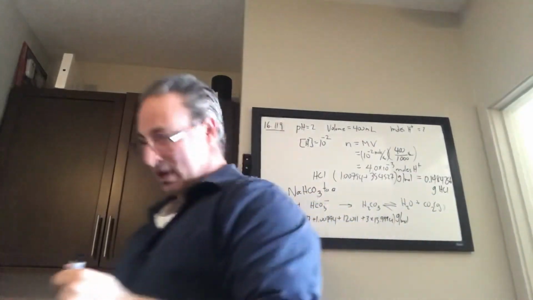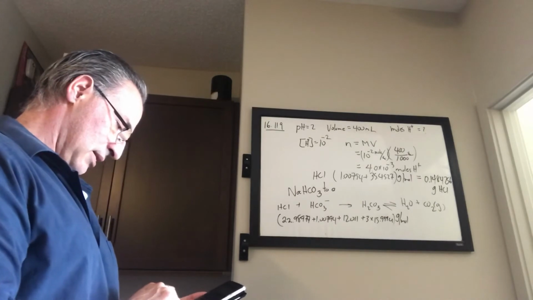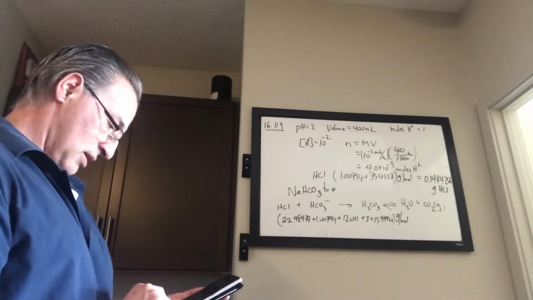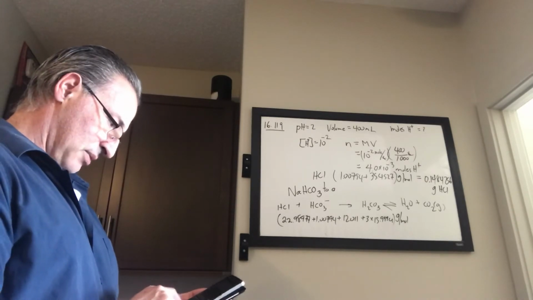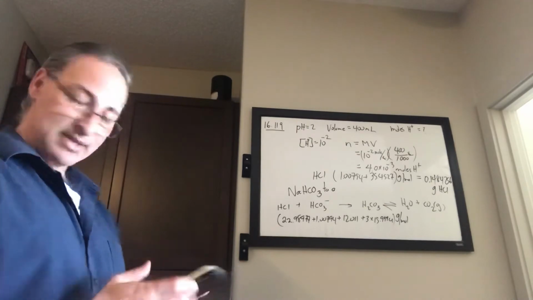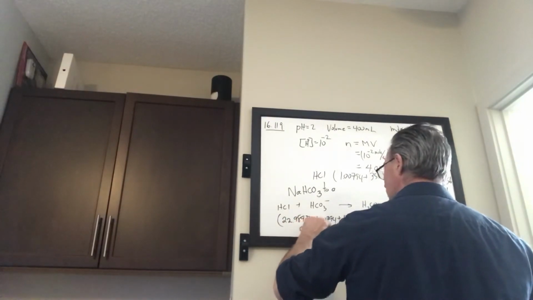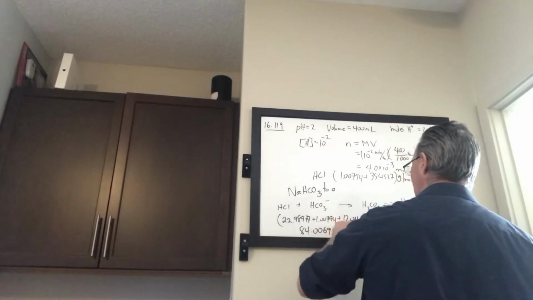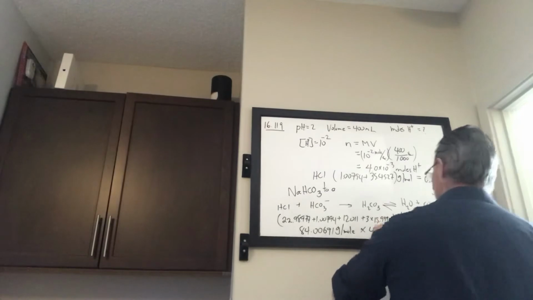So let's find out the molar mass of sodium bicarb now. 22.98977 plus 1.00794 plus 12.011 plus 3 times 15.994. Molar mass is 84.00691 grams per mole. And you need 4.0 times 10 to the minus 3 moles.